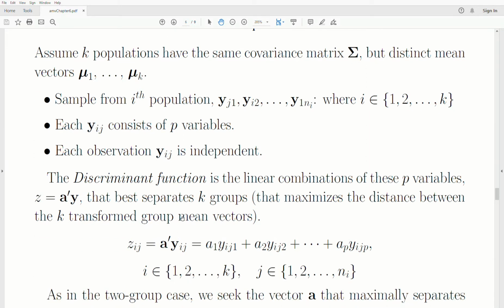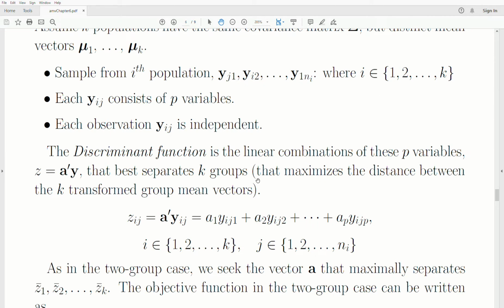Now the discriminant function is a linear combination of the p variables, and mathematically we represent it like this: z is equal to a transpose y, and a is the discriminant function. This discriminant function best separates the groups, where it maximizes the difference between these k transformed group mean vectors.